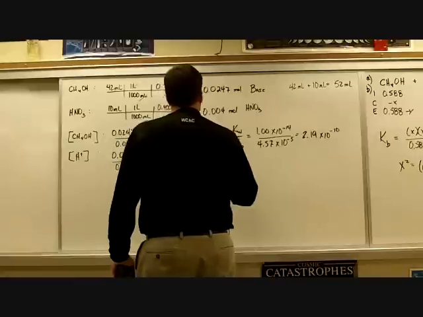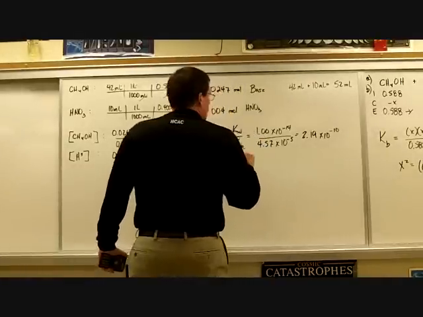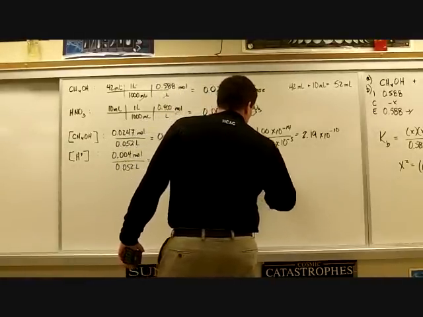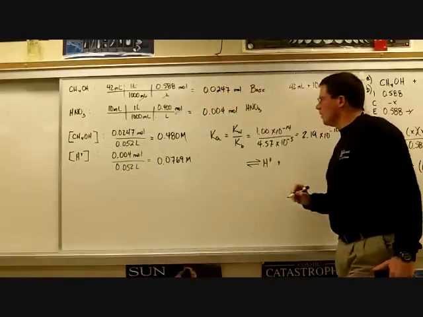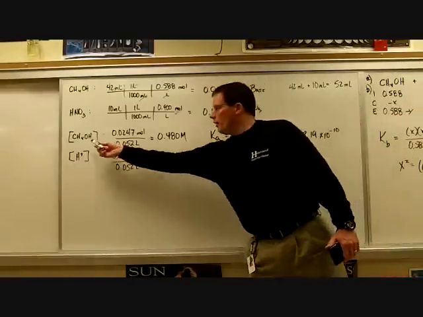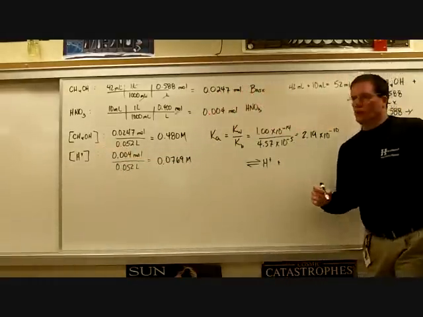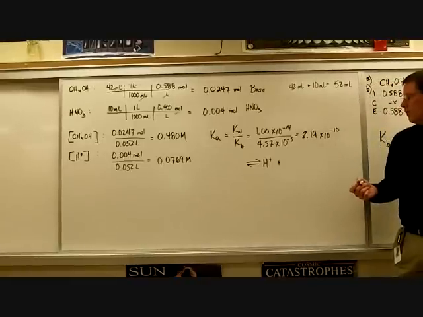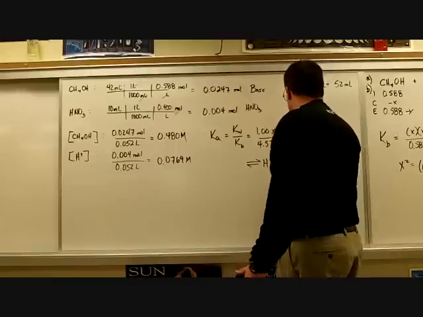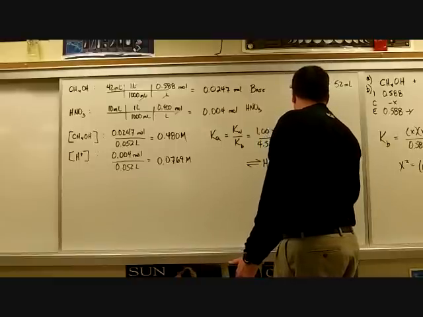Okay, and then the ice chart would look like, well, we're definitely going to have hydrogen on the product side. Who's going to go with hydrogen? Is it going to be the base or the CH4OH2? The methylamine. We always put the base with the hydrogen.